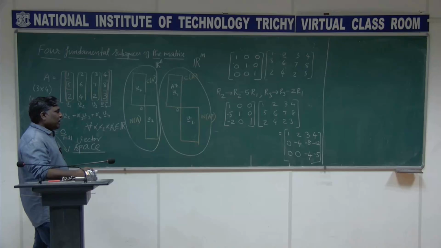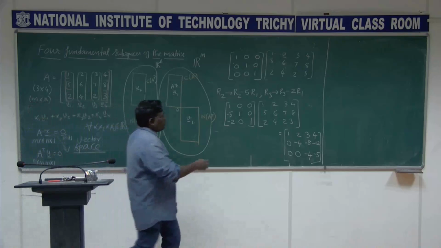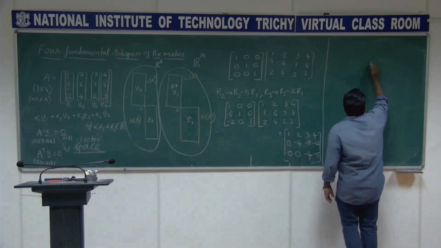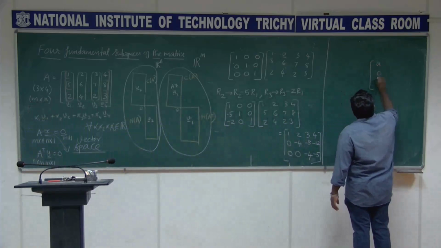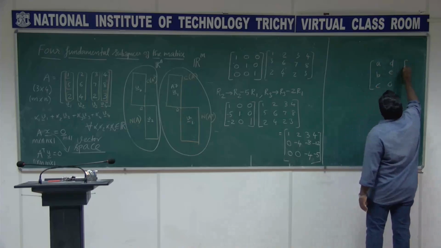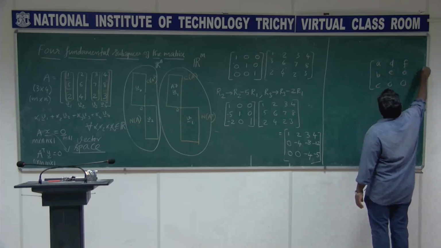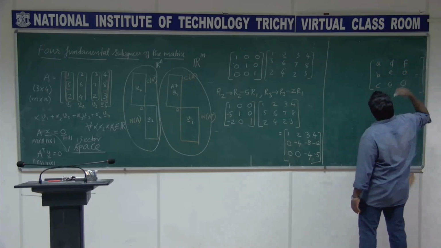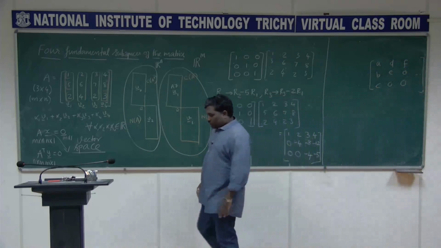Actually, if I have a matrix of this form, it is like this, one element followed by 2 zeros, or I put it as A B C, D E 0, F 0 0, and other things are arbitrary, that we are not worrying about.